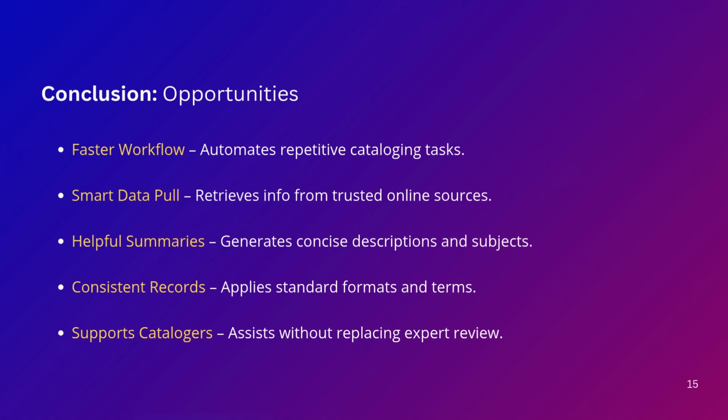It also generates helpful summaries and subject suggestions, making records more informative and accessible. By applying consistent formats and terminology, AI supports the creation of standardized records. Most importantly, it acts as a valuable assistant, enhancing the work of the cataloger without replacing the need for expert review. But there are some pitfalls to be aware of.